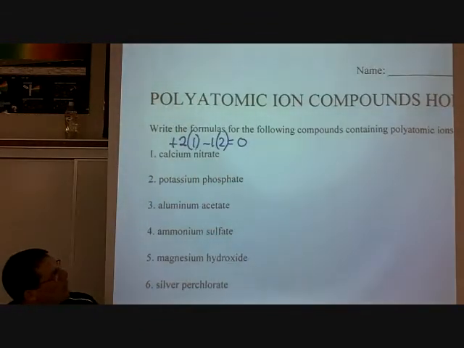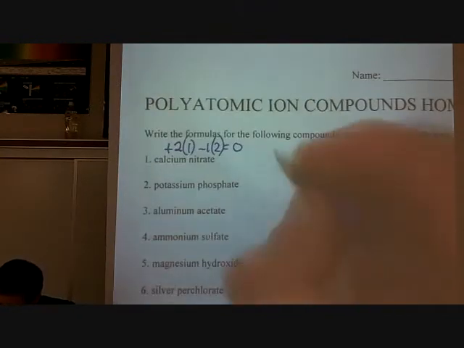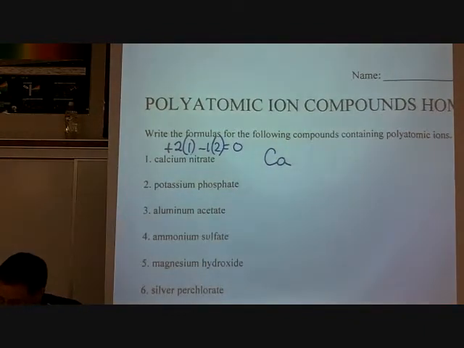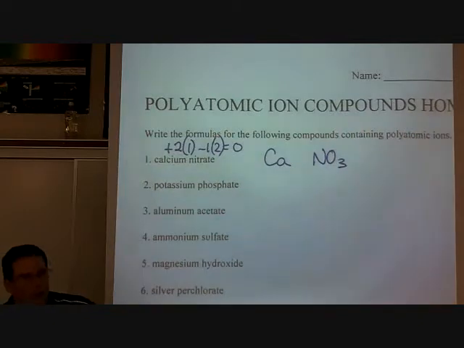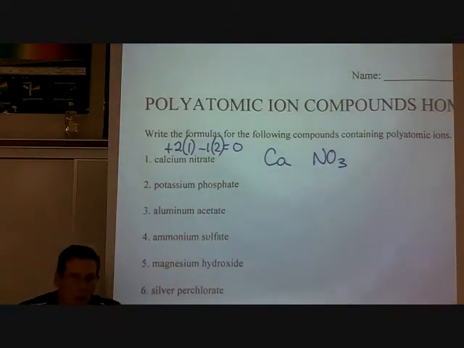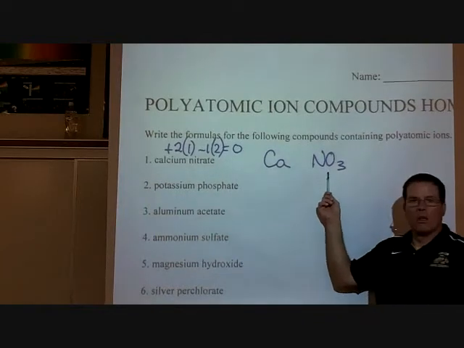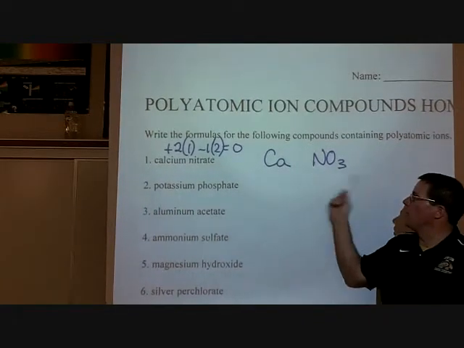Now that we've got the charges balanced out, let's go ahead and write out our representatives. Calcium is Ca, with a +2 charge, and nitrate is NO3, with a -1 charge. Whenever you need to represent more than one of a polyatomic, that is the only time we ever use parentheses within the formula.